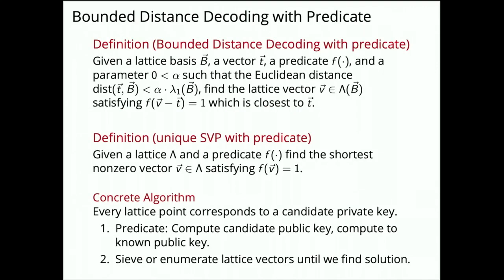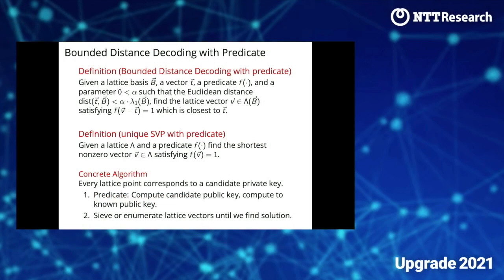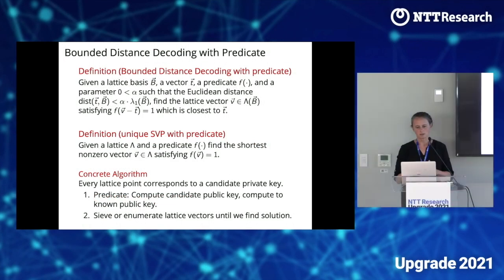So for the first bullet point of our improvement, how do we actually search through these lattice vectors? We can define this more formally if we want, and so we can define this sort of bounded distance decoding with predicate problem. So we have a nonlinear predicate that's not captured in the lattice, and we just want to basically find a vector within a certain radius that satisfies our predicate. And we can also define this with a unique shortest vector if we want.